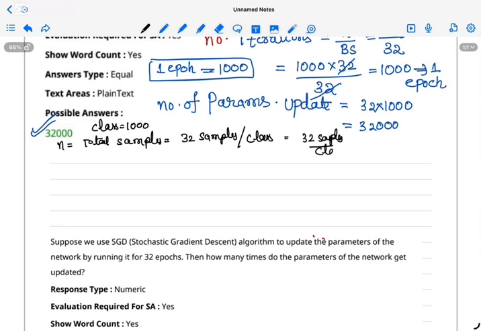There are 1000 classes, so there are a total of 32,000 samples.